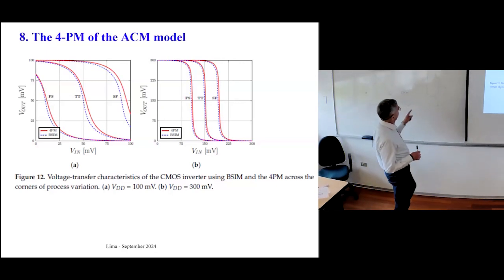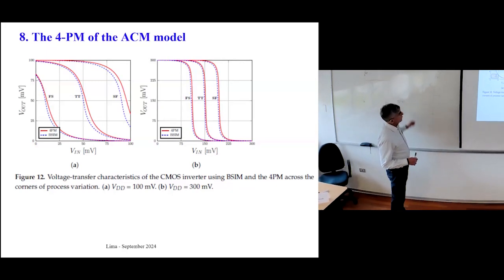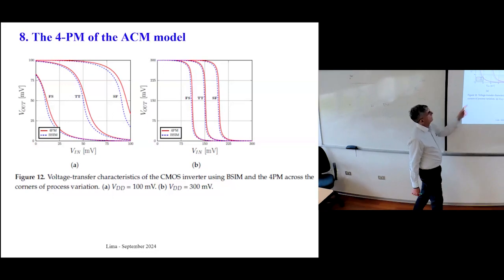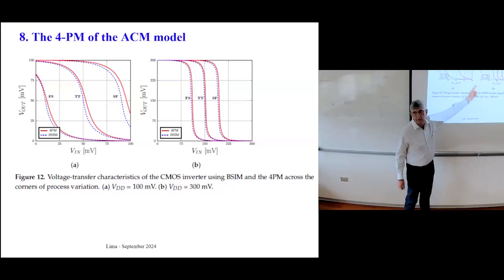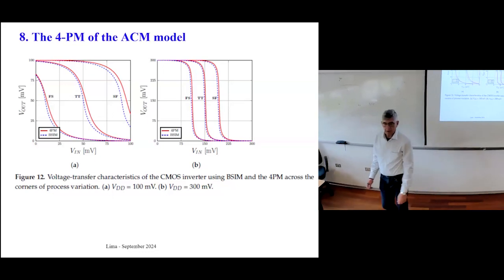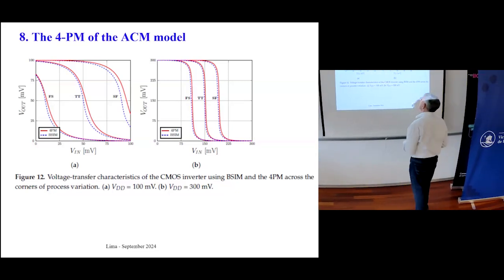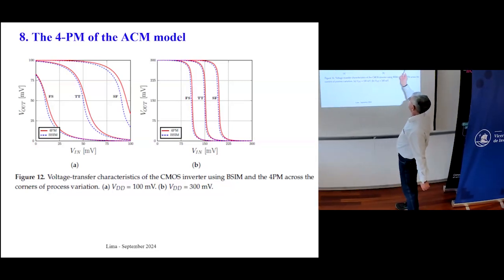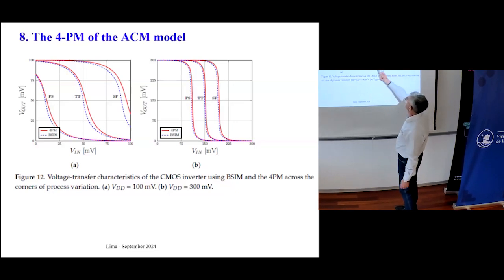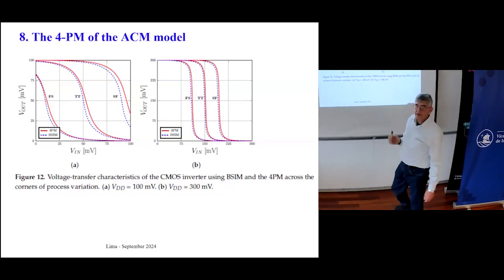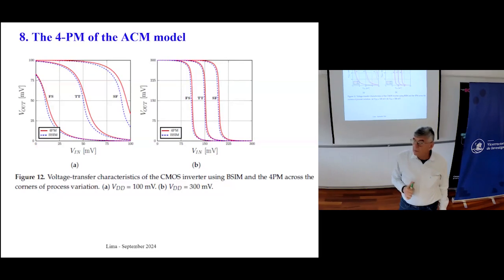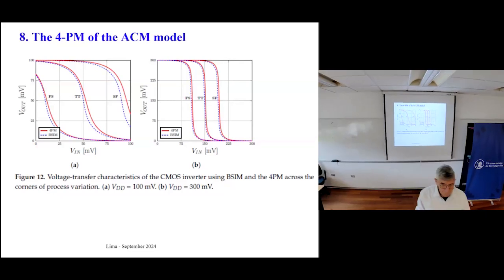But what happens when you sweep V in from 0 to, say, VDD? Let's start with this one. This set of curves is for VDD equal to 300 millivolts. We love low voltage.